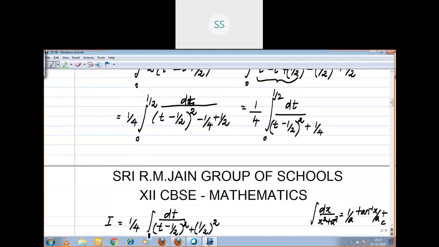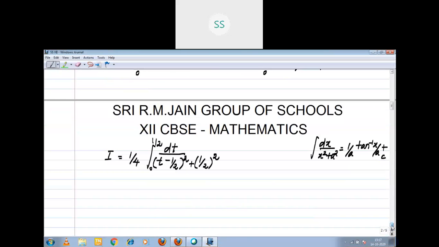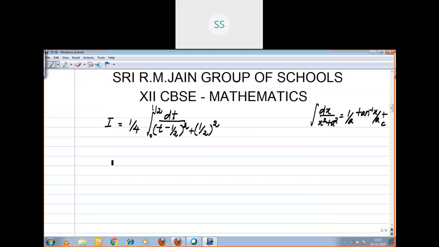Integral dx divided by x² + a² equal to 1/a tan inverse x/a plus c. Right. Now your x is t − 1/2, your a is 1/2, limit 0 to 1/2.